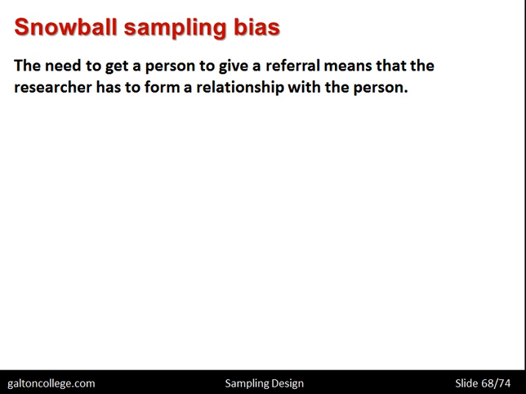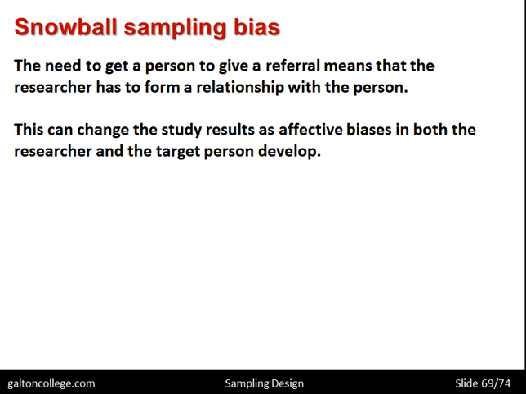Otherwise, the person may not want to recommend their friends because they don't want to be seen to be making work or problems for their friends, having to deal with the interviewer and dealing with the survey. So it's only if the person being interviewed or being surveyed has a relationship with the researcher that this would occur.